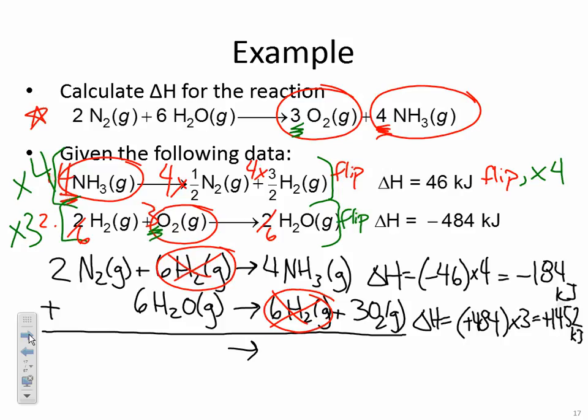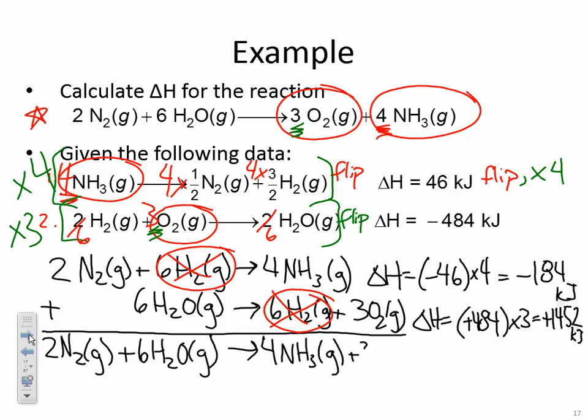There is nothing else, though, that is the same on both sides, so I'm going to keep everything on the left. So 2N2 gas plus 6H2O gas yields, keep everything on the right-hand side of the arrow, 4NH3 gas plus 3O2 gas. Which is the target reaction, so I know I've done the manipulations right.